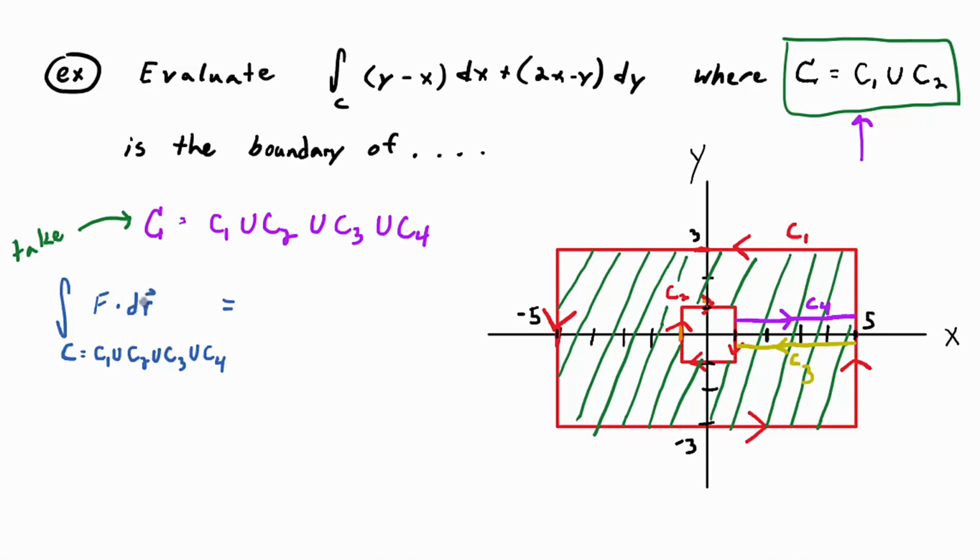I'm not using a double integral yet. So that's what I want to find. And my claim is that this is equal to the line integral, where I'll leave off notation in the next step, over C, where C is just the union of C1 and C2. So why would that be true?